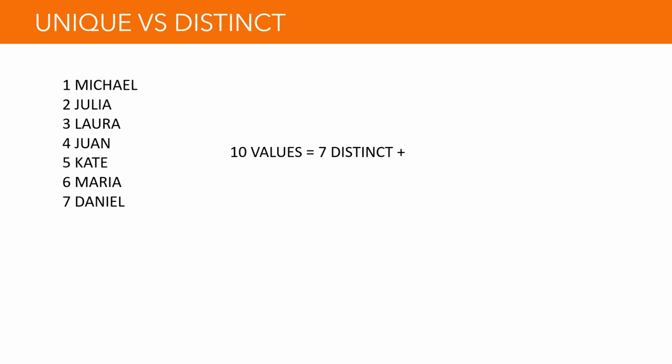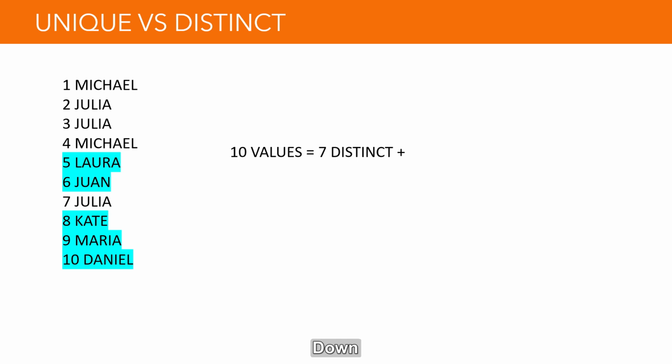And now let's take a quick look at what the original column looked like before I removed the repeats. And again, I have the 10 values, and you can see that if you don't count Michael and Julia, which were repeated, but if you count only the values that since the beginning only appeared once, you can count only Laura, Juan, Kate, Maria, and Daniel.